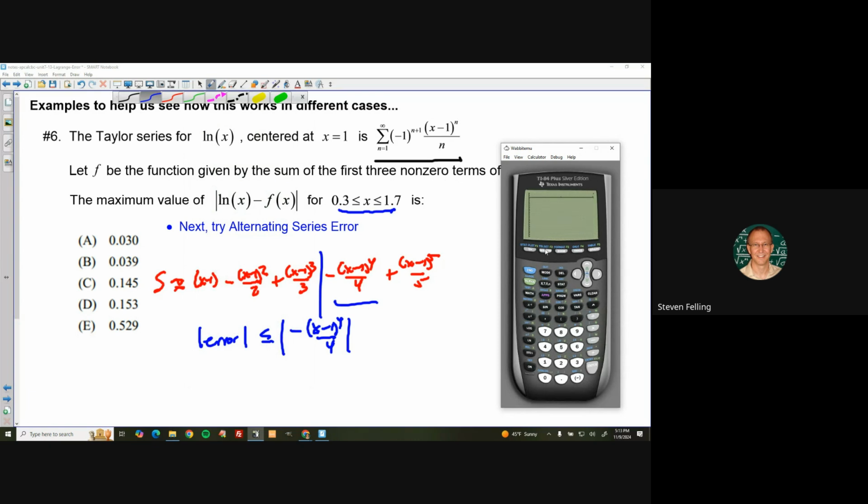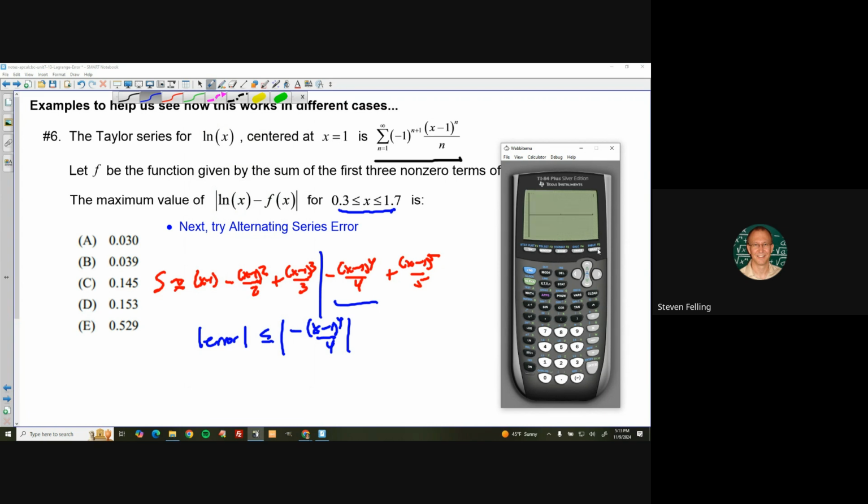I think I need to reset my window a bit. So let's say we go from negative 20 to 20. That turns out to be actually quite small. So let me zoom in quite a bit here, like negative 0.1 to positive 0.1.